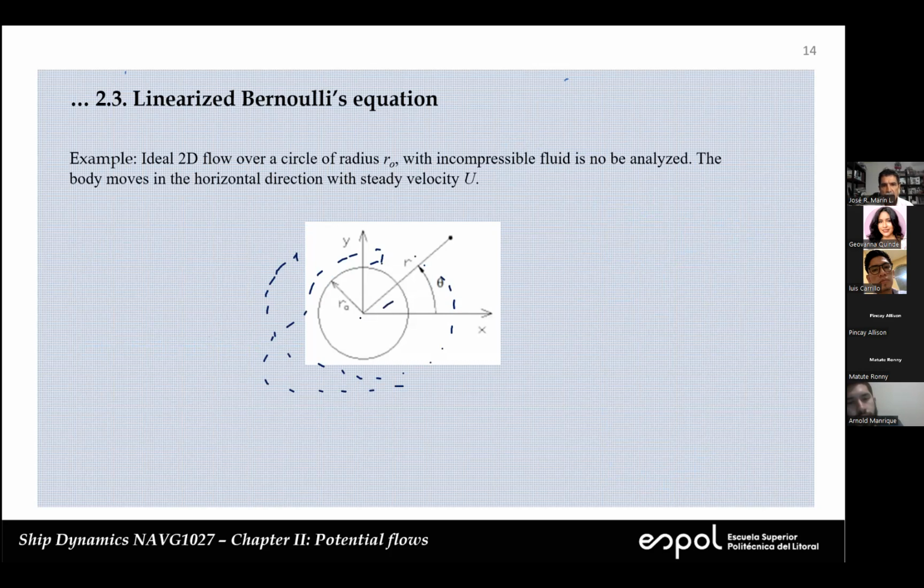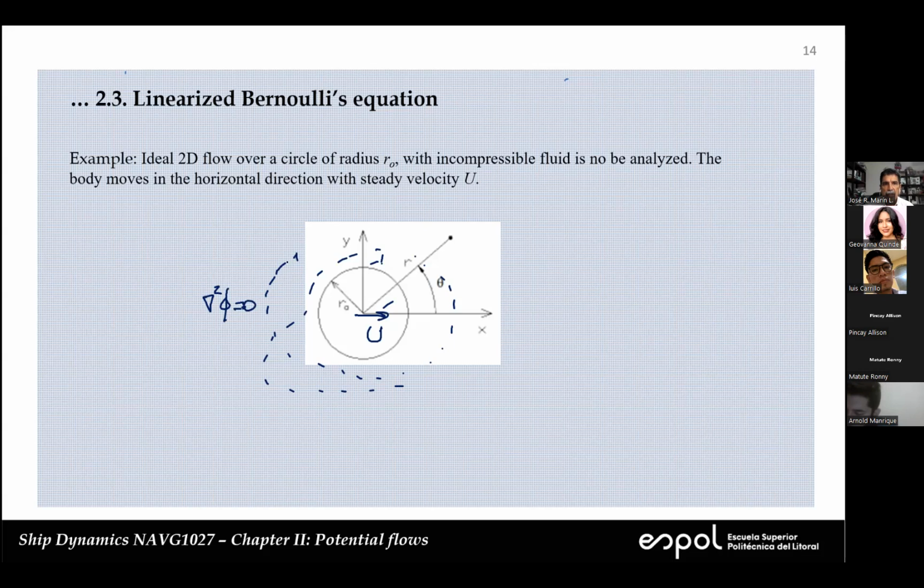Now, this body is moving with velocity u. See, it's a steady velocity. So the whole flow doesn't change in time.